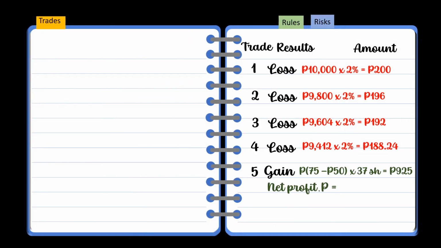Our gain on our 5th trade is 925 pesos, as we saw from the previous slide. If we are to subtract our cumulative losses of 776 pesos and 24 centavos from this gain, we get a net profit of 148 pesos 76 centavos or 1.4% profit out of our initial capital of 10,000 pesos.